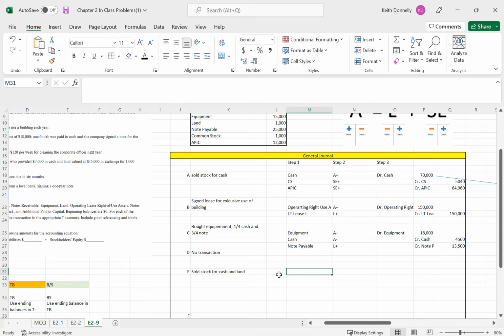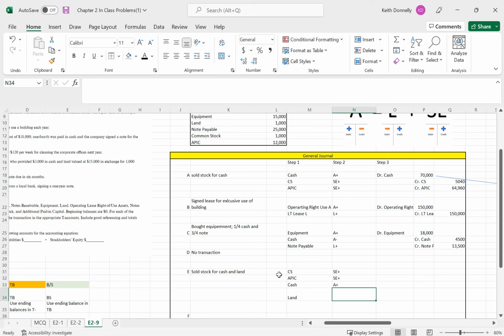Now with this, our accounts, looks like we have common stock, APIC, cash, and land, right? Common stock is stockholders' equity. We now have more of it. Same with APIC. In other words, when you issue shares, there's now more shares floating around out there. They've increased.